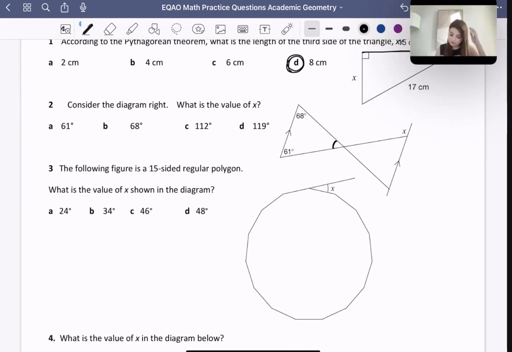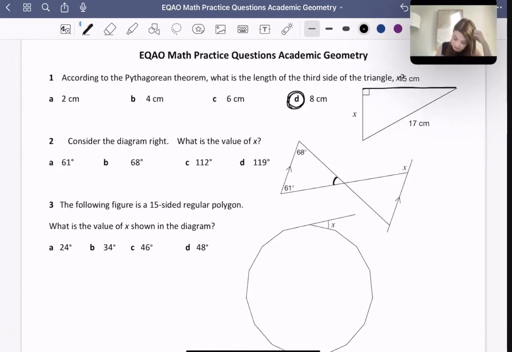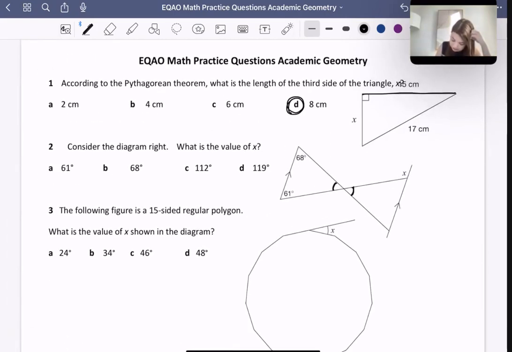We also know that this angle and this angle are opposite angles, and so they're going to be the same. And we also know with our Z pattern that if this angle is 68, that means this angle is also 68 degrees, and that since this angle is 61, this angle is also 61 degrees, right? They mirror one another there.